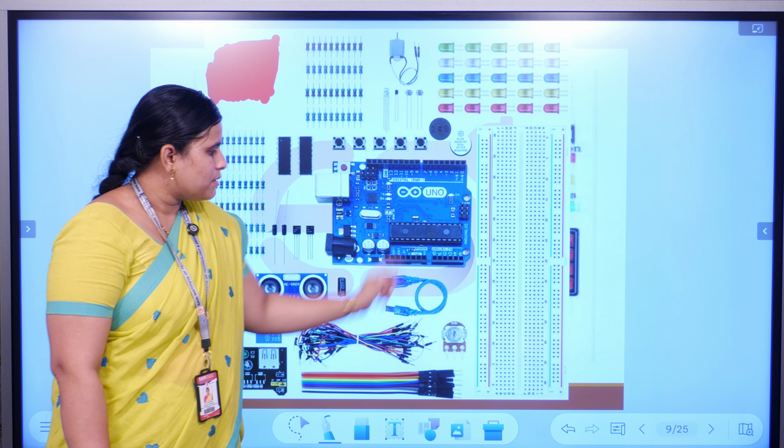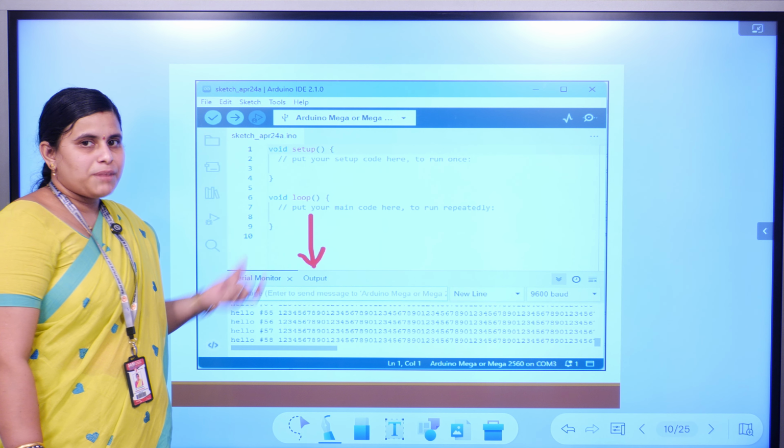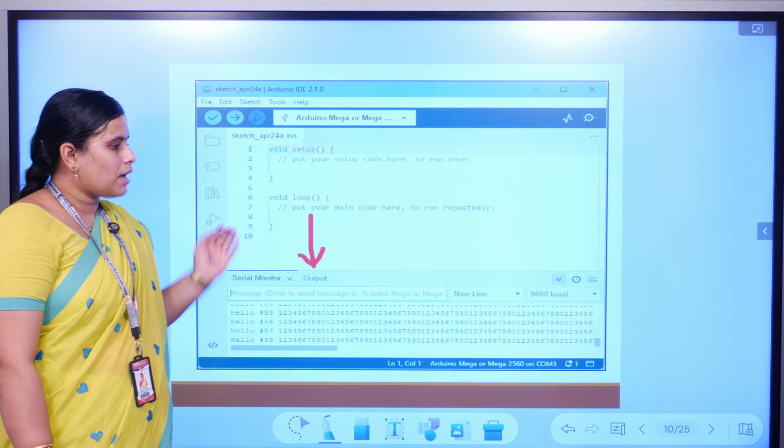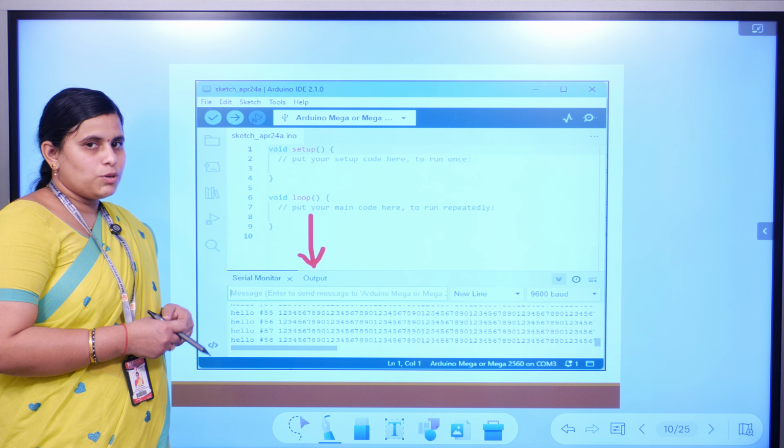These are the connecting wires, male and female pins, which can be connected to the breadboard through the analog and digital pins. And this is the IDE environment, which is software used to write a program for a particular task performed by us, and it is connected to the Arduino board through the USB.